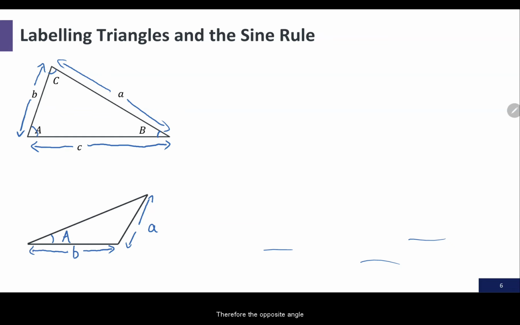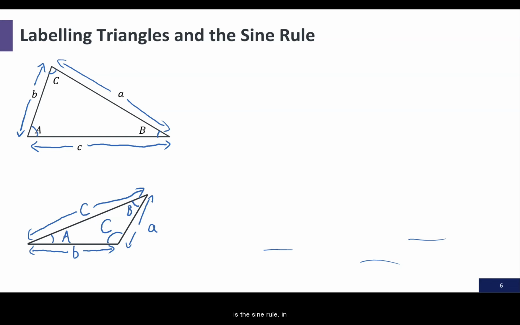Therefore, the opposite angle is capital B. The final side I shall call lowercase c, and the opposite angle is capital C. All that matters is that the lowercase letters are opposite the capitals.